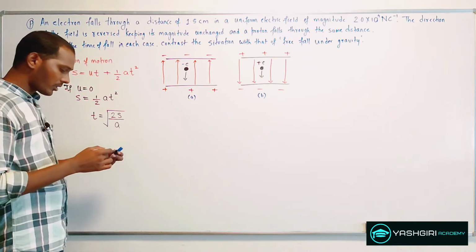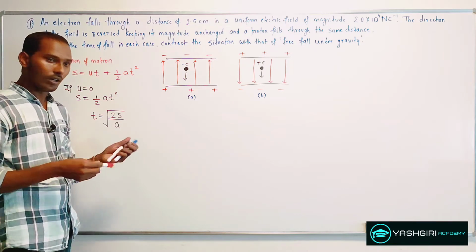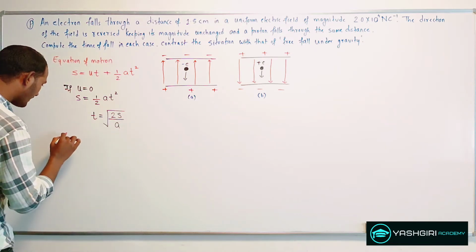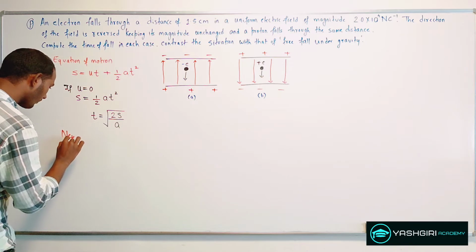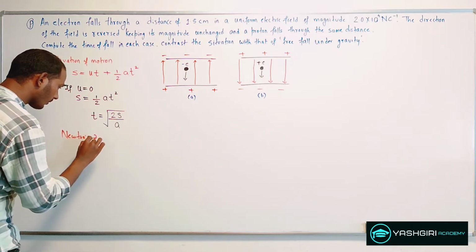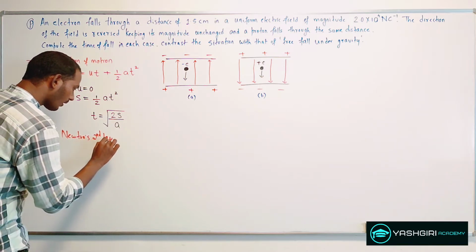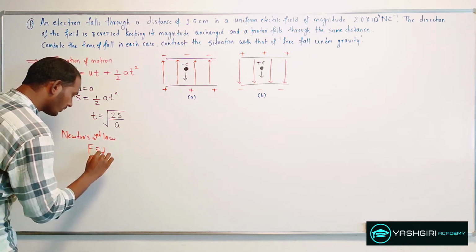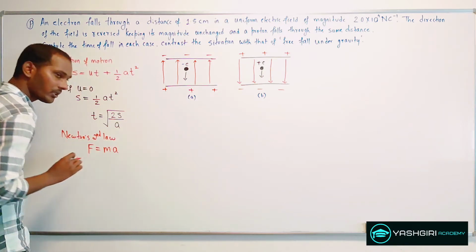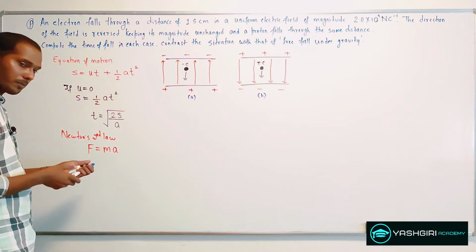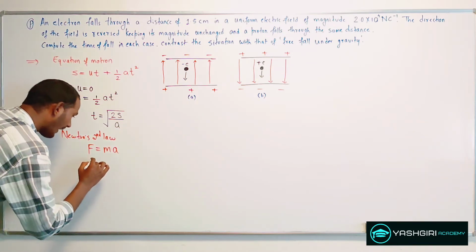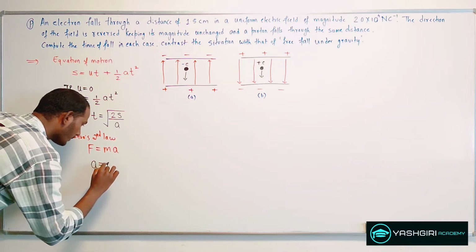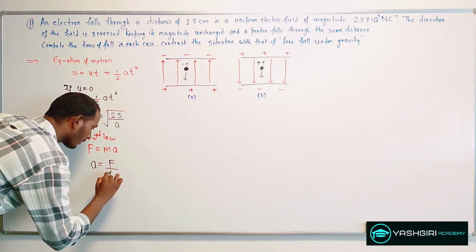To get the acceleration, I have Newton's second law. From Newton's second law, I have force is equal to mass into acceleration. And from this expression, I can get my acceleration as a is equal to f by m.